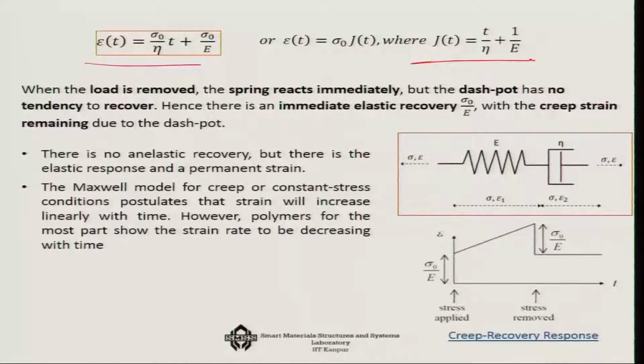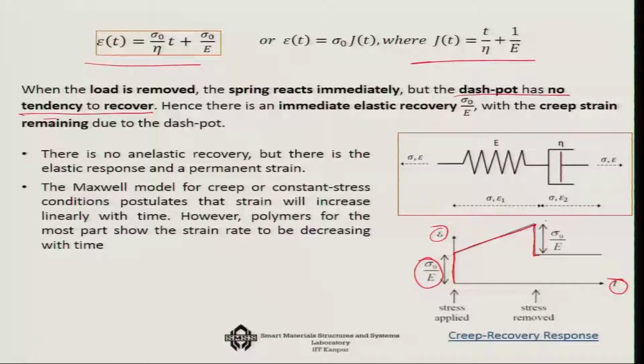Now, what will happen if the load is removed? Then the spring will react immediately, but the dashpot will have no tendency to recover. That means, this is the epsilon and time plot. You have the initial strain sigma 0 over E, and then as I told you, it will increase. After some point, if you immediately release the load, that part will be recovered.